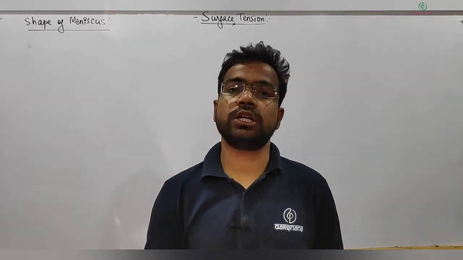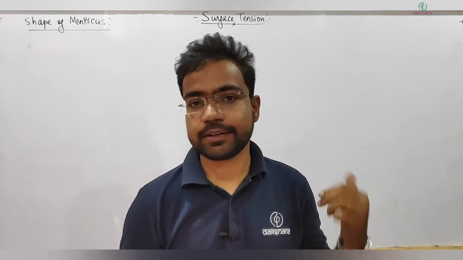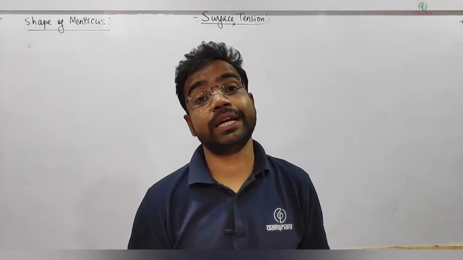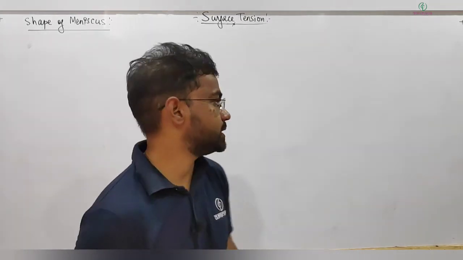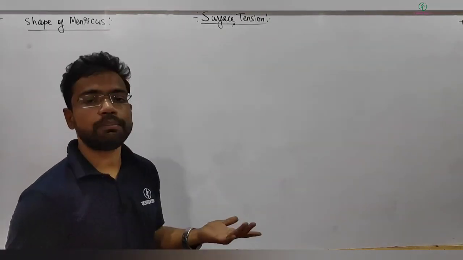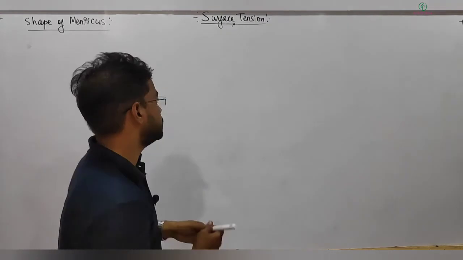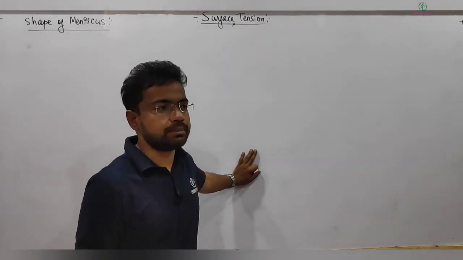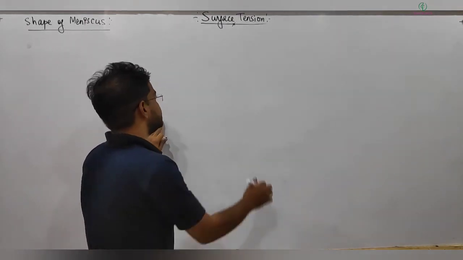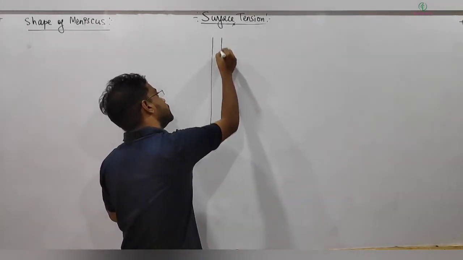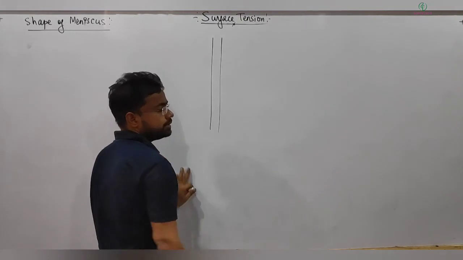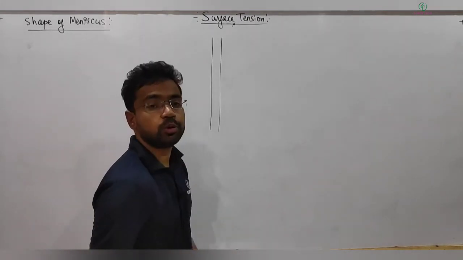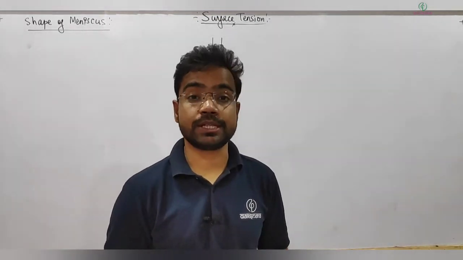Meniscus is basically the free surface. Free surface I already defined. The surface of a liquid which is in contact with the air on one side, we call that free surface, or you can say the top layer of the liquid. So I don't know whether you have observed it with some attention or not, but the point here is that if you look at some liquid in a capillary, one example is the mercury thermometer.